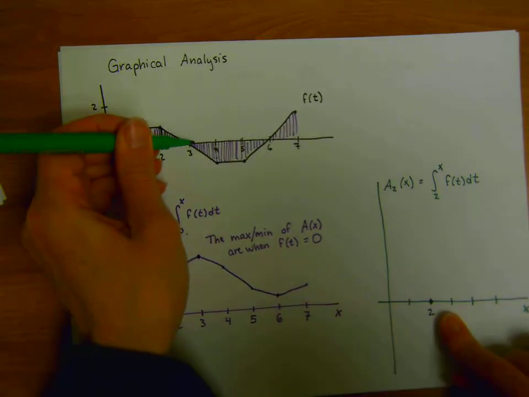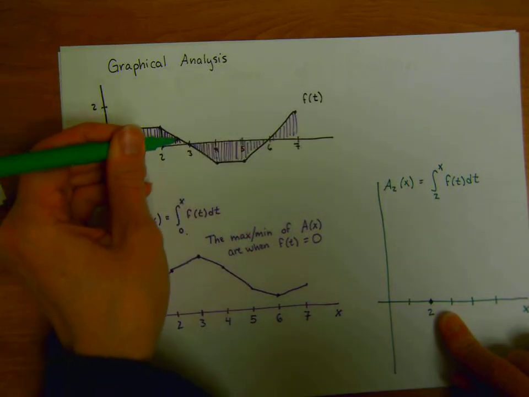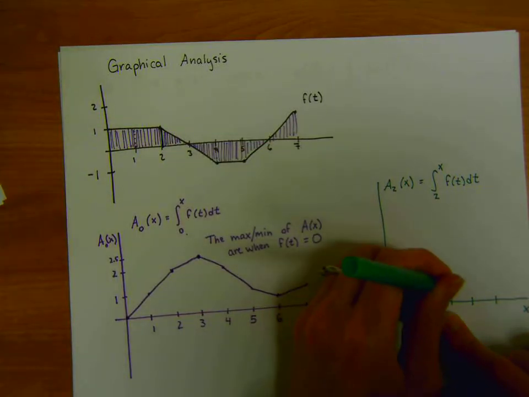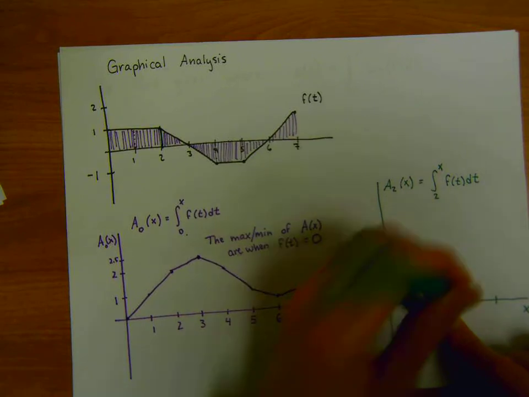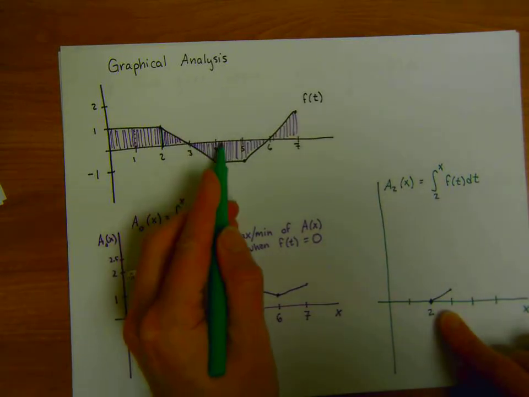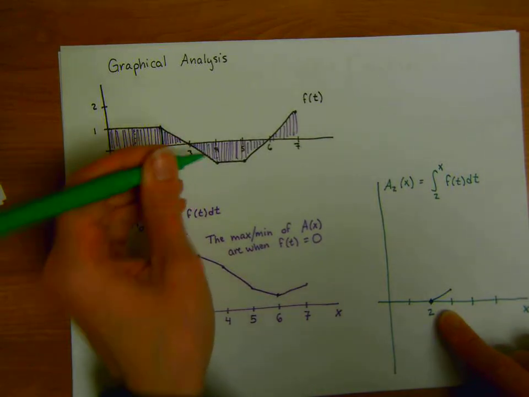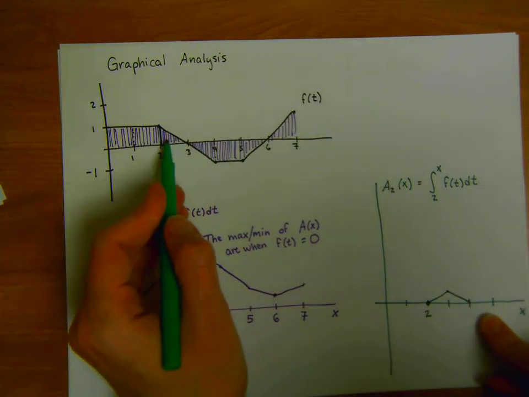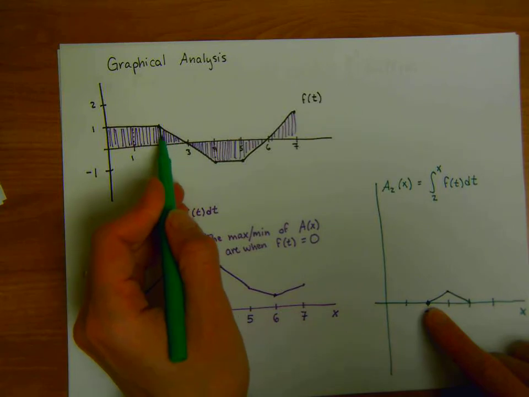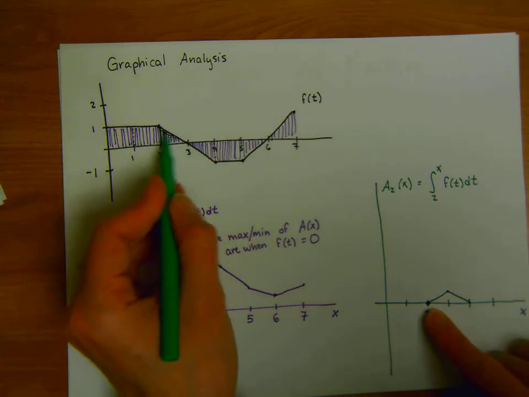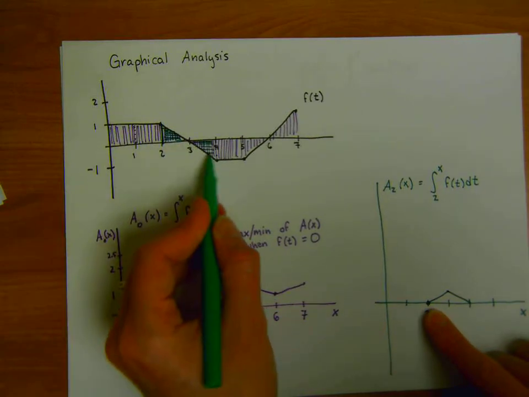Direction, I'm going to add these areas. So I add a half unit of area in my first step, but then I almost immediately subtract that next half unit of area because now my little f function is below the x-axis. I added a unit or a half unit because this area is a half. I'll start coloring it in.